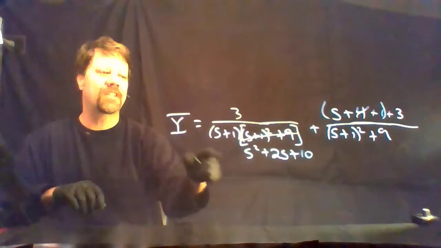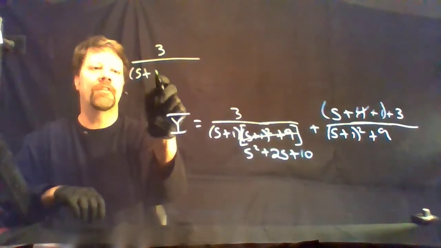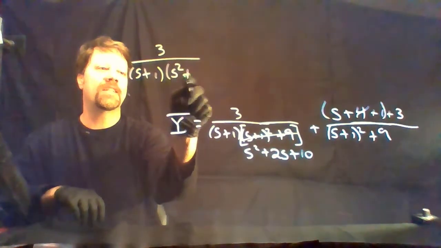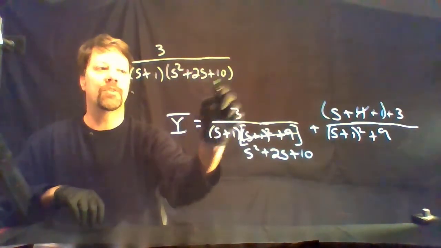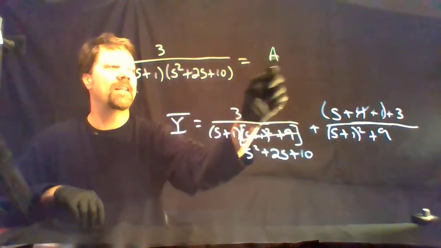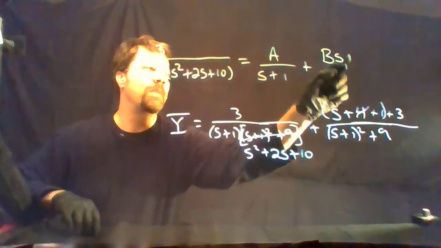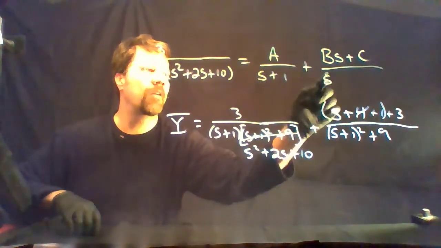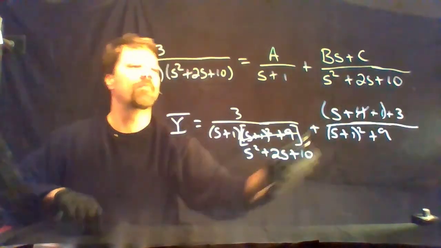For the partial fraction decomposition, we'll write 3 over s plus 1 times s squared plus 2s plus 10, which is an irreducible quadratic, as A over s plus 1 plus Bs plus C over s squared plus 2s plus 10.